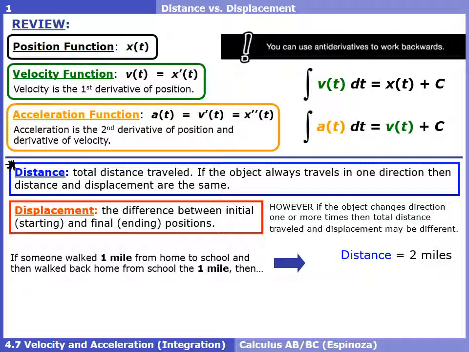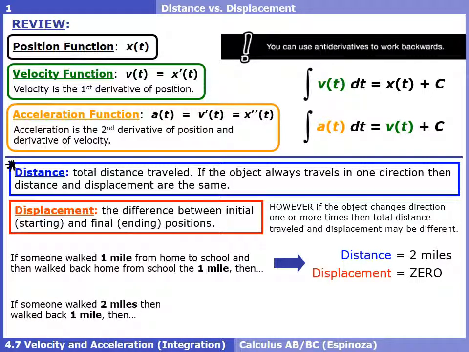They walked 1 mile to school, they walked 1 mile back home, so the total distance they covered was 2 miles. But displacement takes into account direction and the starting and ending point. So displacement in this case would be 0. They started at home and they ended at home, so their displacement turned out to be 0.